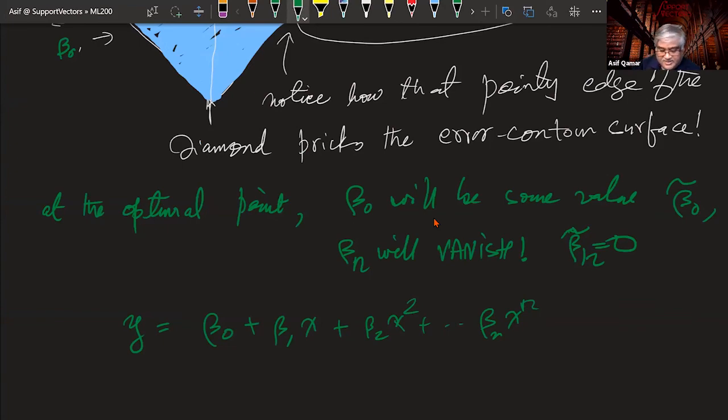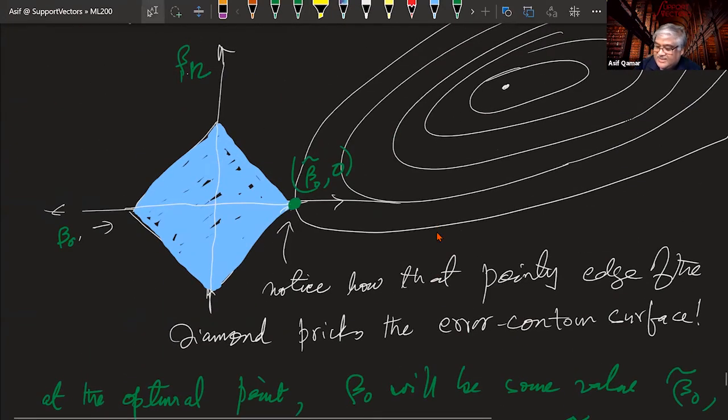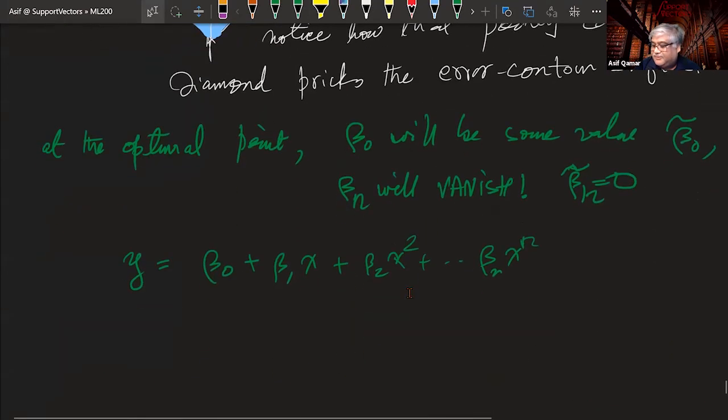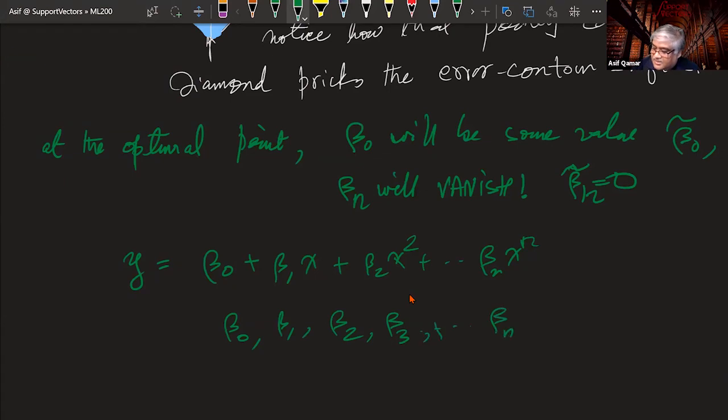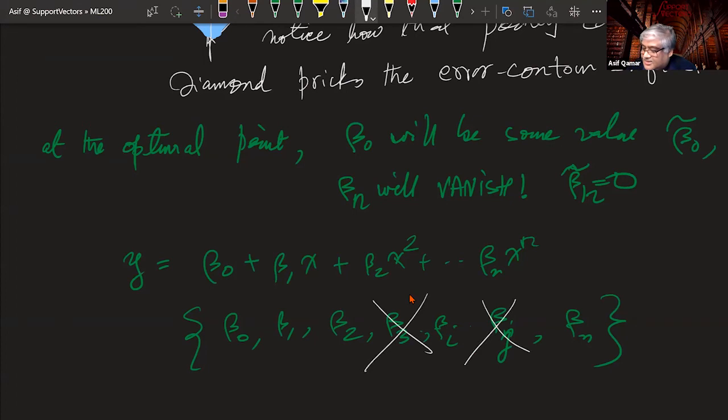What will happen is, when you hit it along this axis, a lot of the betas will start disappearing. Out of the betas that you have, beta 1, beta 2, beta 3, up to beta j, beta n, because you punctured the contour along this, some of these betas may start disappearing.